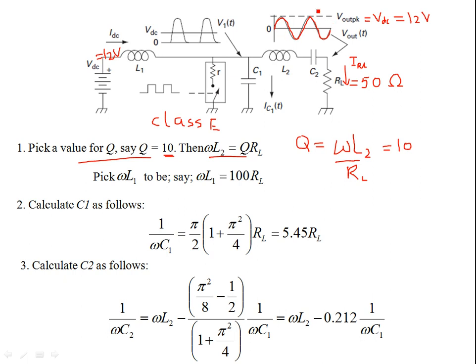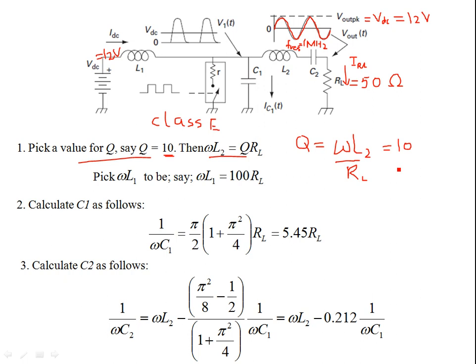So what we need is a sinusoid having a frequency of 1 megahertz. This LC combination is supposed to resonate at this frequency, so that at resonance the series L2C2 components are effectively shorted out.